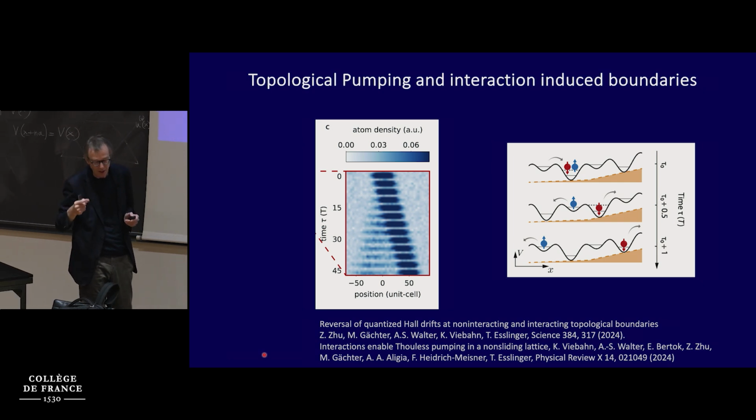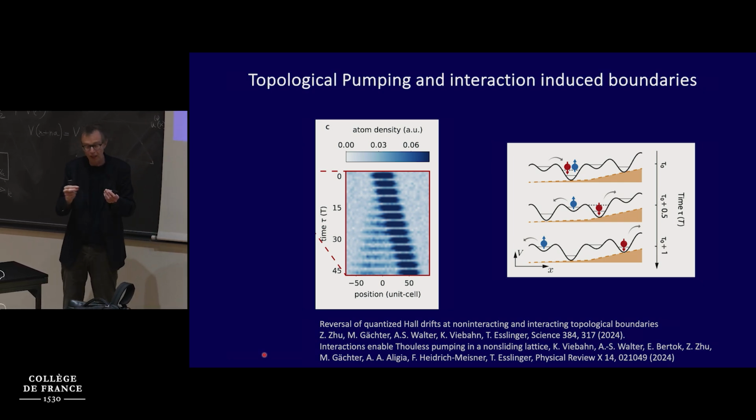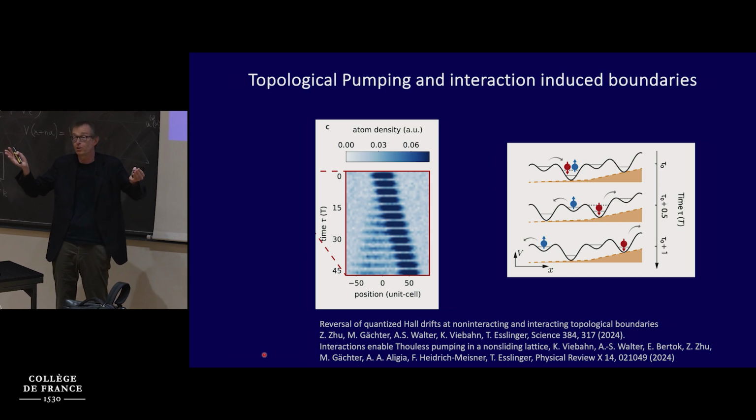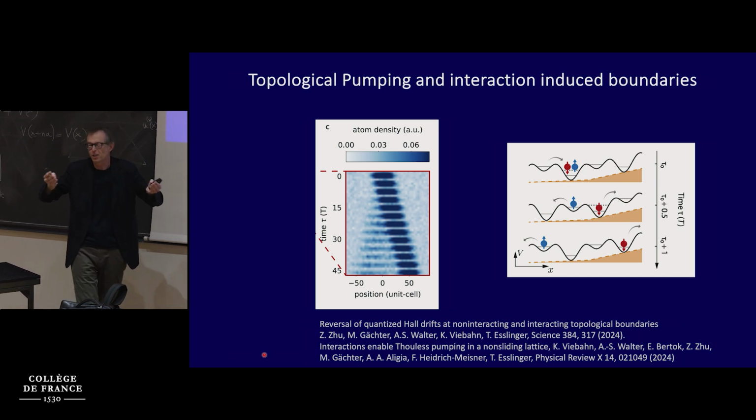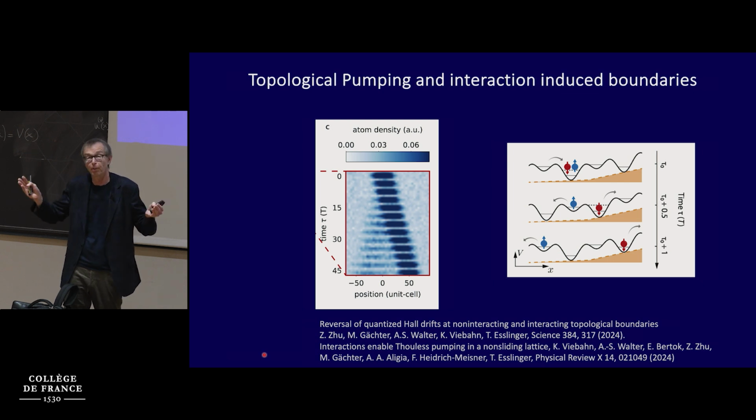But the question before that was, it worked so well that at some point the atoms would reach the end of the trap, the harmonic potential. And there was not much literature on what happens if you have a topological pump in a trap.